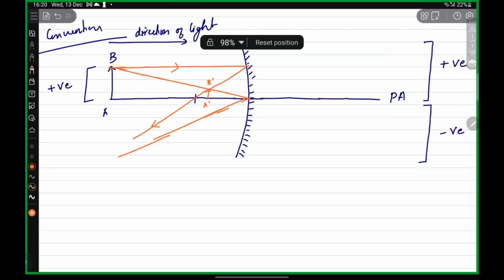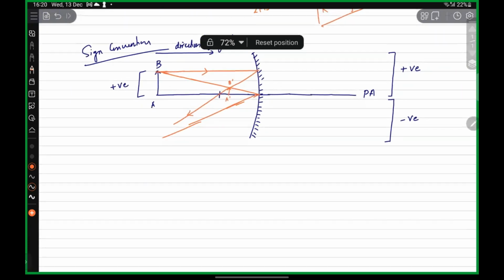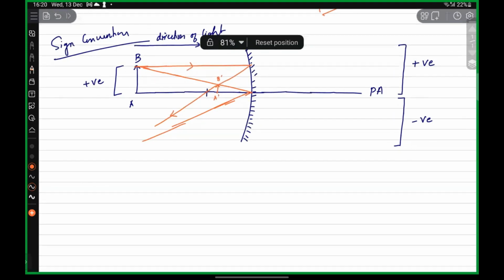Now, my question to you is very simple. If H1 was the height of the object and H2 was the height of the image in this case, which one would be positive? Which one would be negative? My simple question. Okay. And which one would be negative?